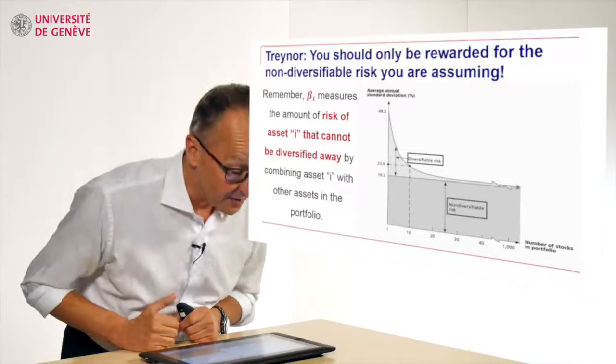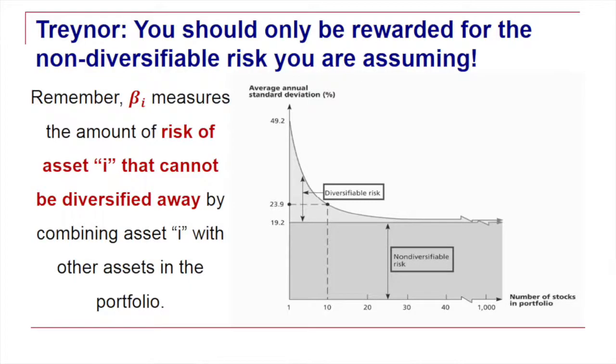And hence you're able to diversify away the part of the risk which is diversifiable by adding more stocks. And basically in the end, after a certain number of stocks, here the estimation is that at roughly 25 stocks, you're only left with market risk, i.e. non-diversifiable risk, and that's the beta of your portfolio.